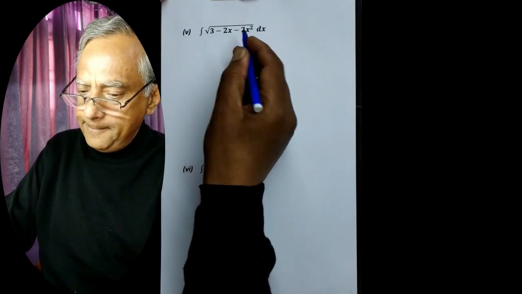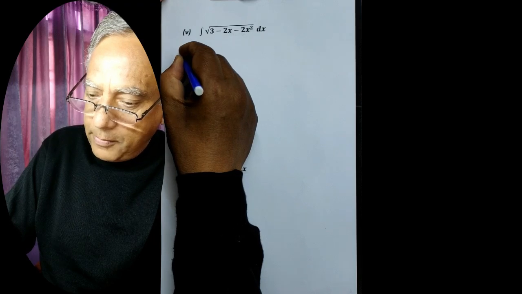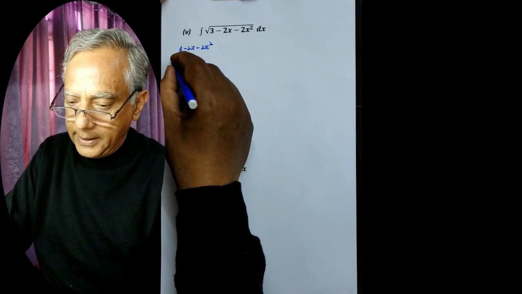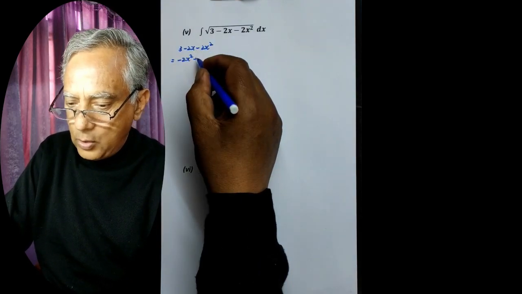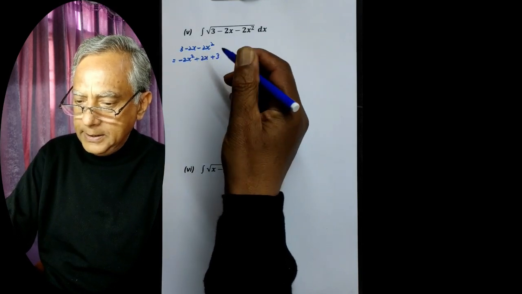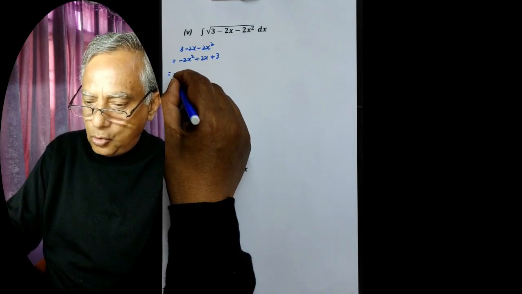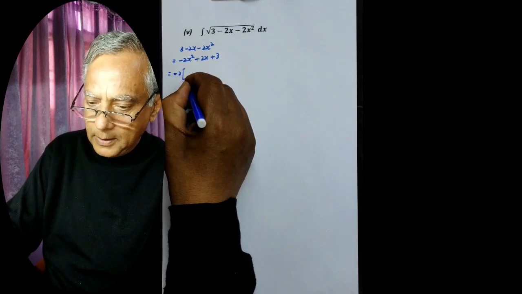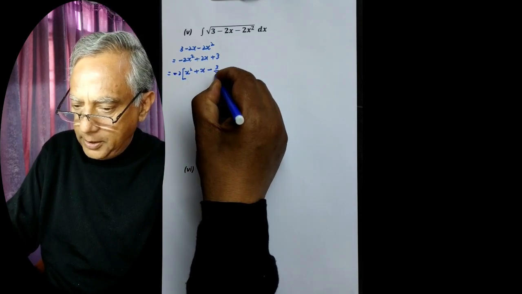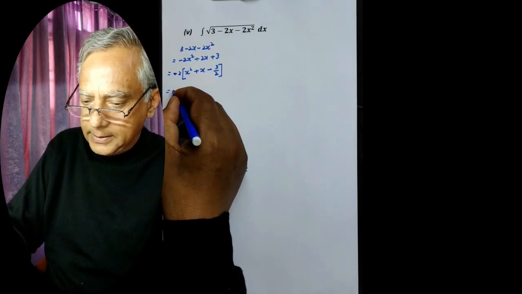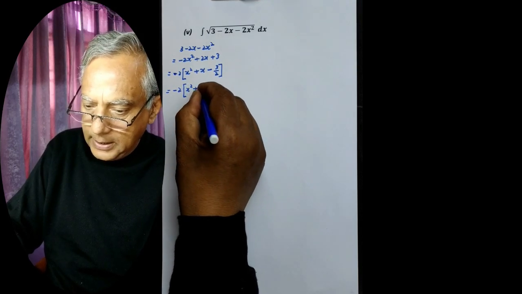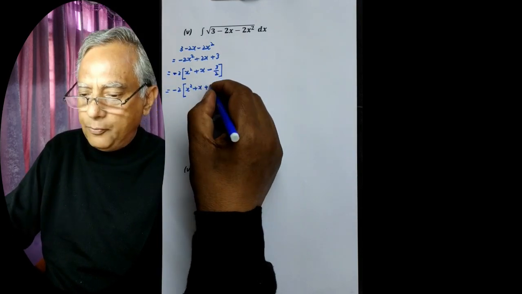So this is 3 minus 2x minus 2x square, and this can be written as minus 2x square minus 2x plus 3, and minus 2 is common, and we have x square plus x minus 3 by 2, and this is equal to minus 2 into x square plus x plus half the quotient of x.